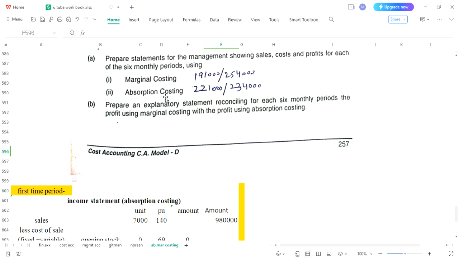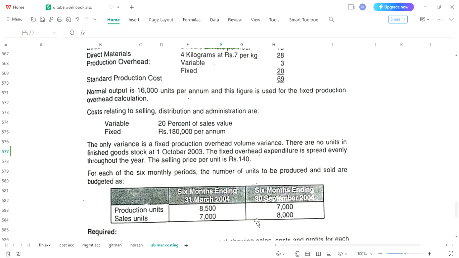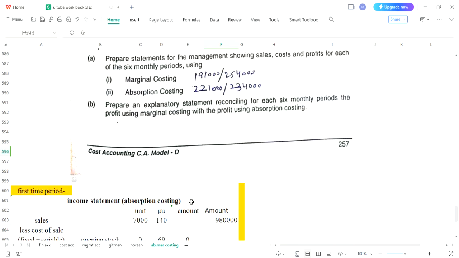We will now be focusing upon marginal costing. Again, there will be two income statements for marginal costing as we have two different time periods. So for first time period, we will come over here.